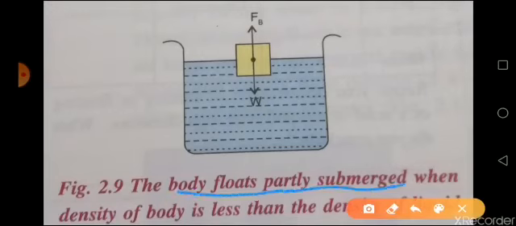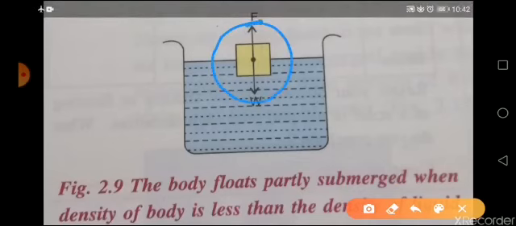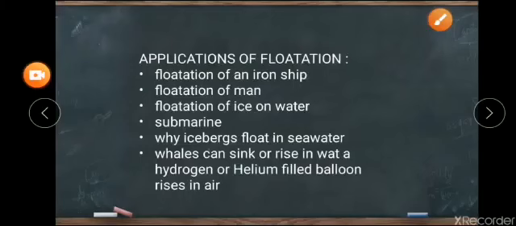From the three conditions, we can conclude that whenever the object has more density, it will sink in water, and whenever the density of the body is equal to or less than that of the liquid, it is going to float in water.